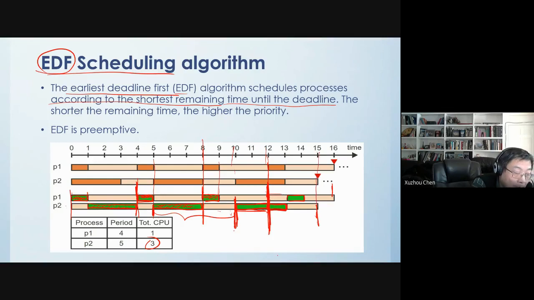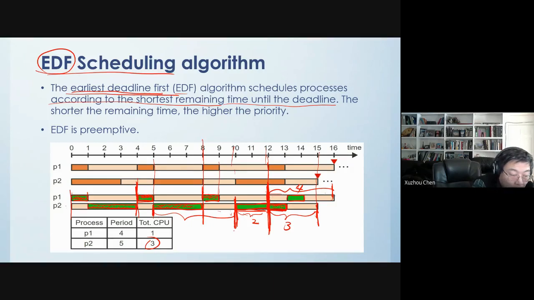And process 1 says, I'm available at 12, but my deadline is 16 because the time period is 4. And this one, the time period is 5, but I already executed for 2, so the remaining time period is 3. So process 2 certainly has the earlier deadline, right? So process 2 is going to continue.